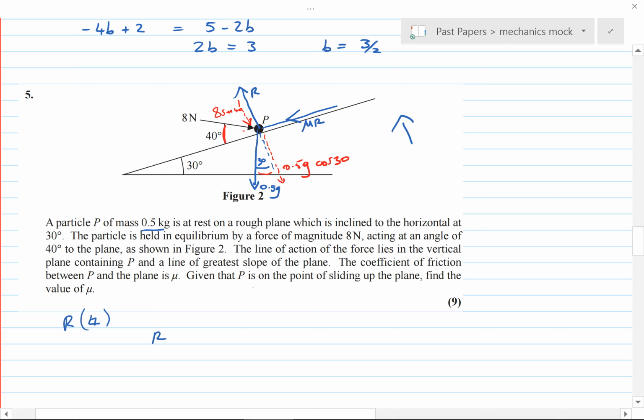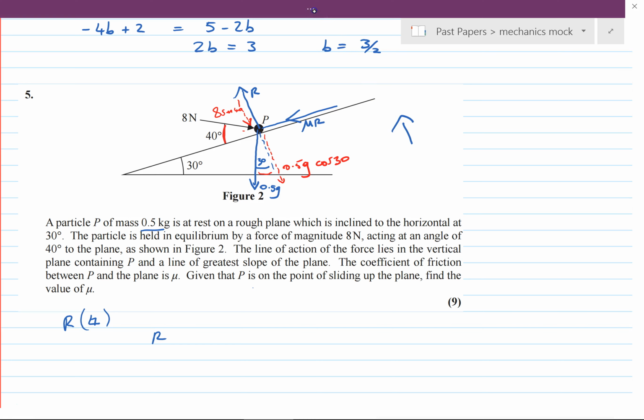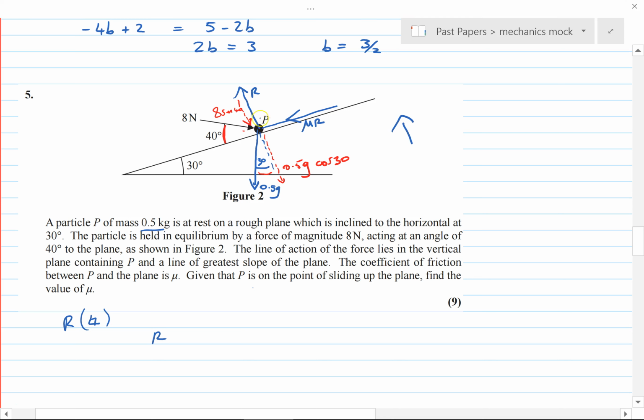Let's put that into our equation. R is the only force going upwards, and then we've got this component here, so that's equal to 8 sine 40. And this component here also going in this direction, so that's plus 0.5 g cos 30.